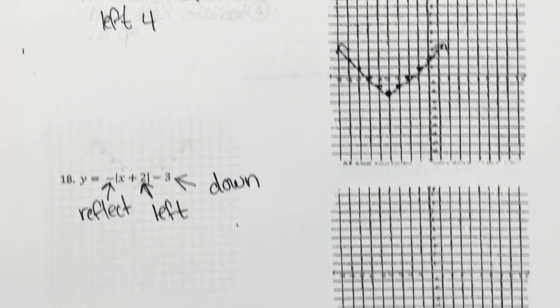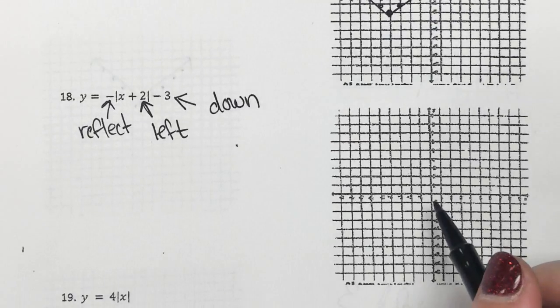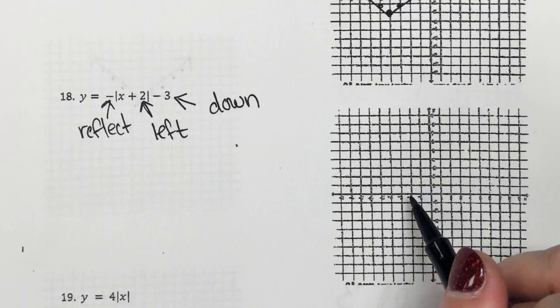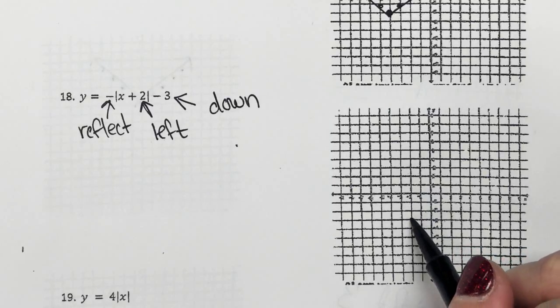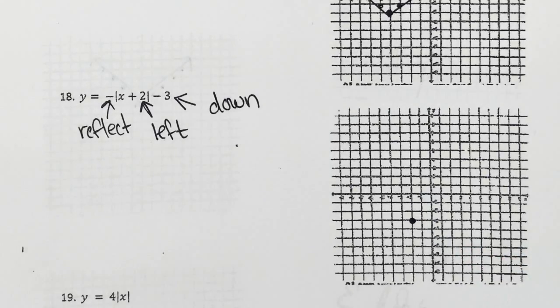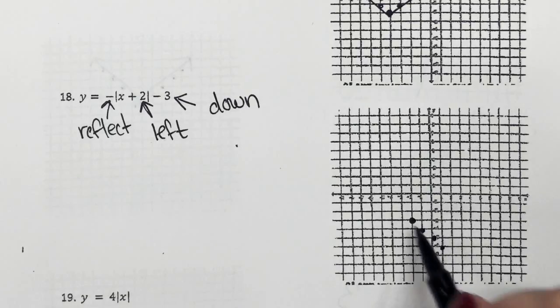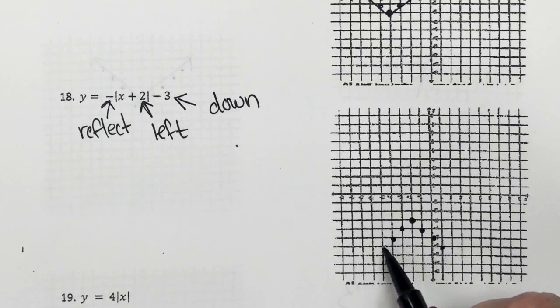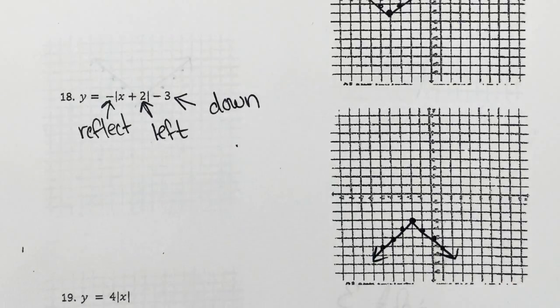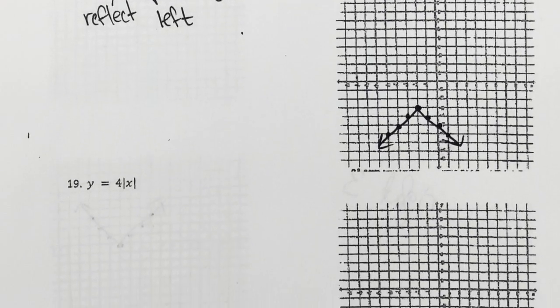All right, so we're going to start at the origin, and we're going to go left 2, down 3, then put a dot. But this time, instead of going out 1, up 1, out 1, up 1, what am I going to do this time? Down 1. Very good. And since it's an absolute value, you've got to do it on both sides. Y'all okay?